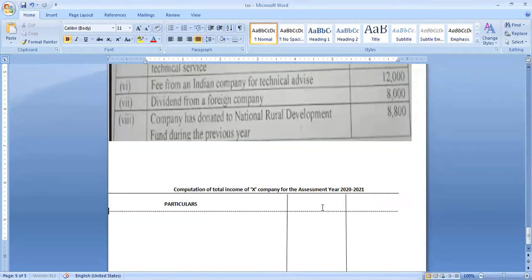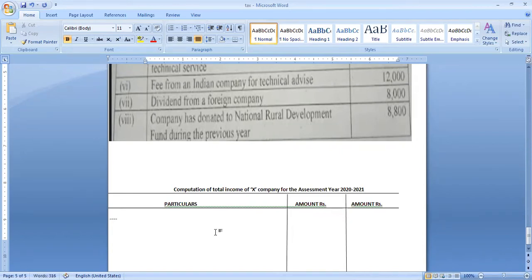This is the pro forma. See, this is how you are going to draw the pro forma. And after the pro forma is drawn, first of all you mention the incomes.